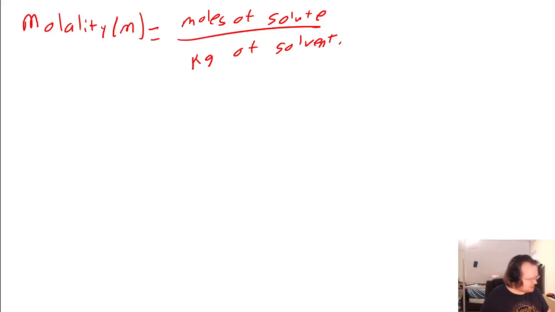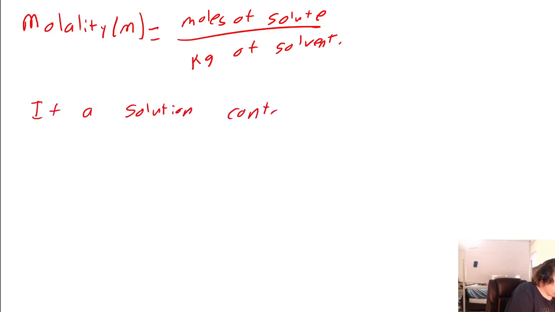Now, let's take a look at an example. Here, we're going to do something similar to the last one. Say a solution contains, we'll go with 25 grams this time, of potassium chloride, KCl. We did the practice already.